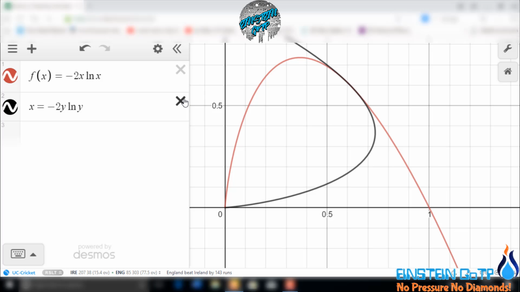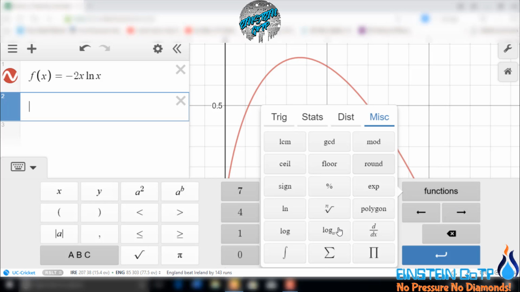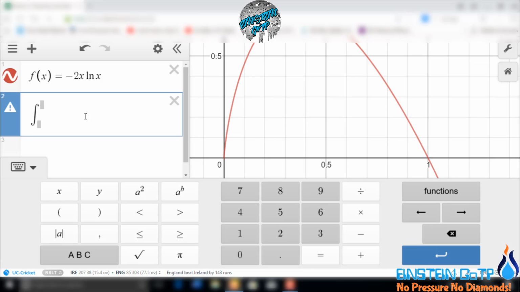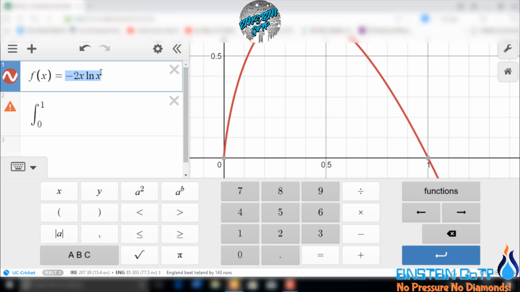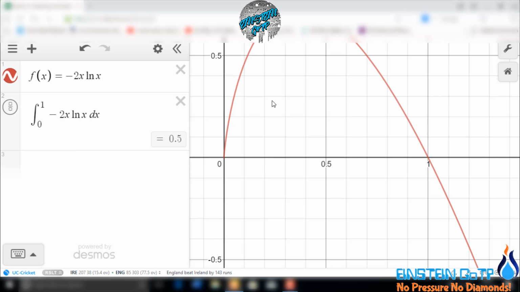So now we will talk about its area. So let's go to the integration, and here's the integral sign. So I will calculate it 0 to 1. Let's see what the results are. Let me copy the function from here and dx. 0.5.